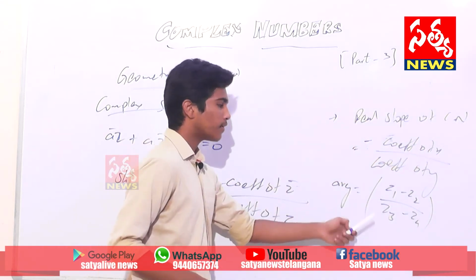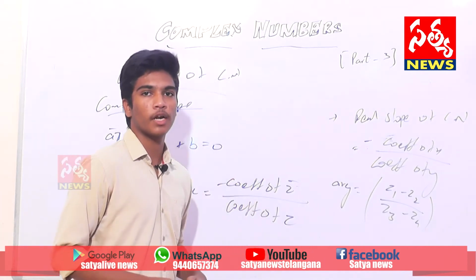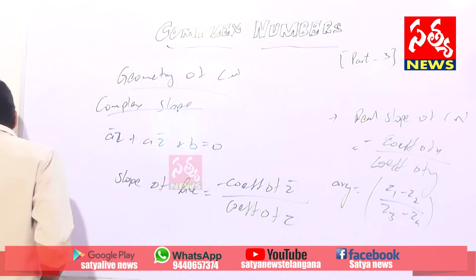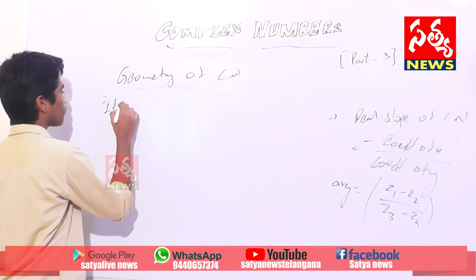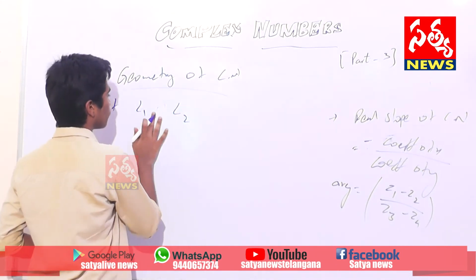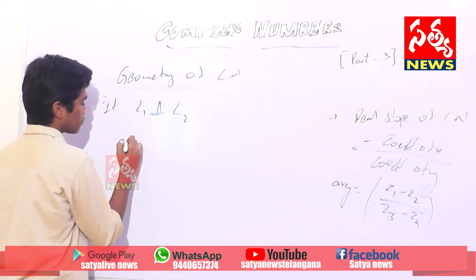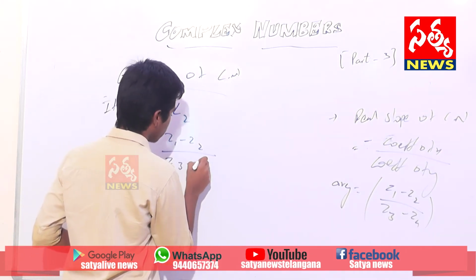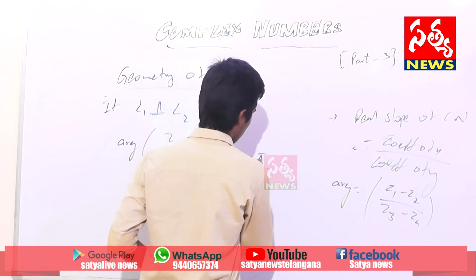There are some conditions for this argument, for lines L1 perpendicular to L2 and L1 parallel to L2. I will state them now. If L1 is perpendicular to L2, then argument of (z1 minus z2) by (z3 minus z4) is equal to plus or minus pi by 2.